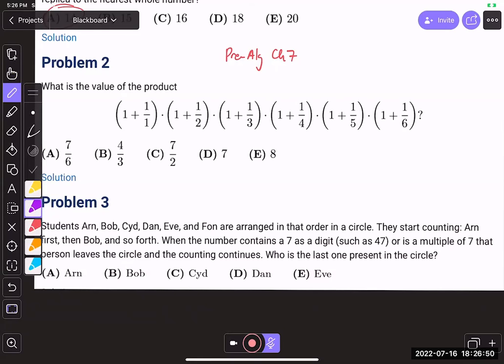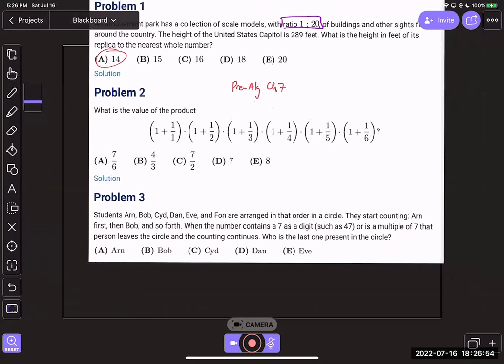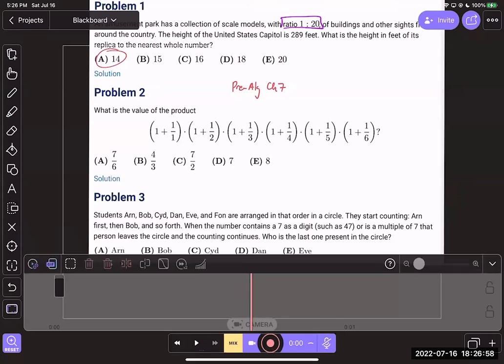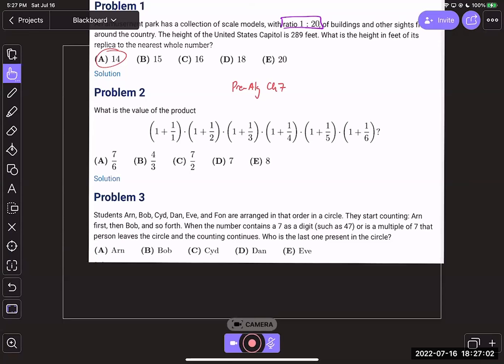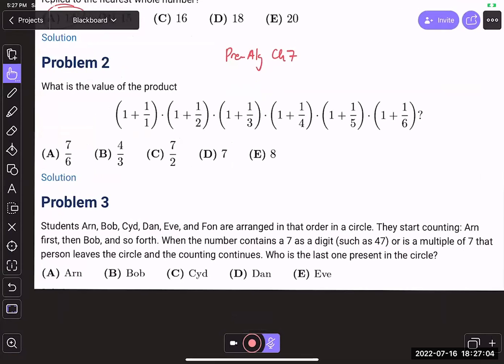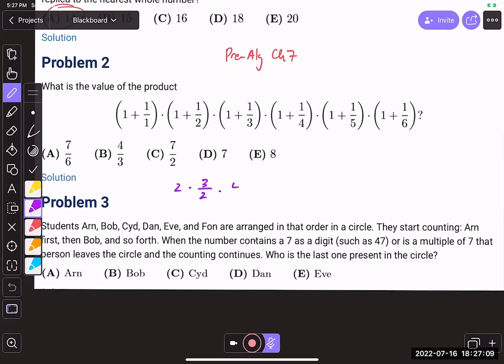If you add up the numbers in the parentheses, you get 2 times 3 over 2 times 4 over 3 times 5 over 4, then 6 over 5, then 7 over 6.